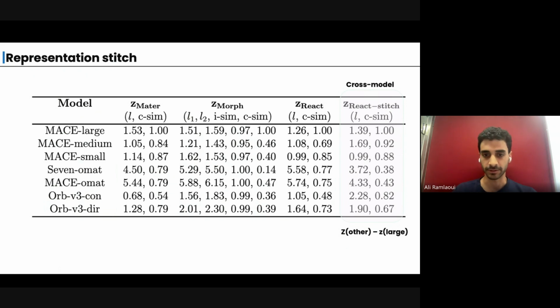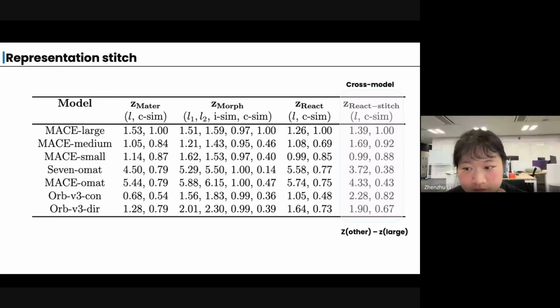And related to the fact that MACE OMAT is aligned differently, maybe, if we change the way we normalize the energies, or if we change the E0, that might make stitching more difficult when we train the model.